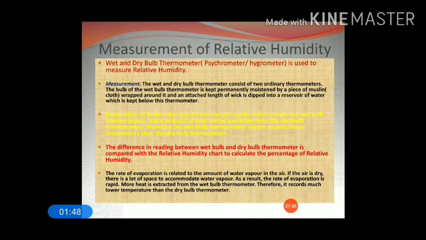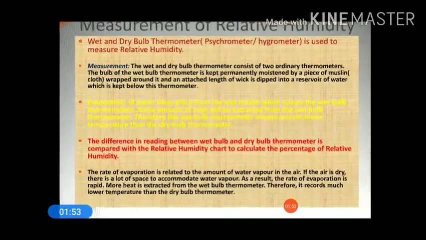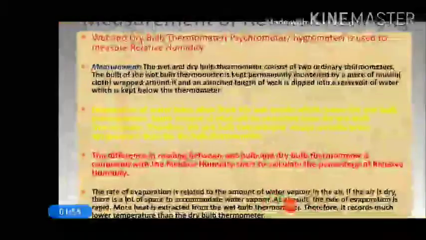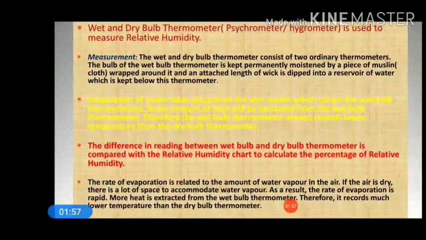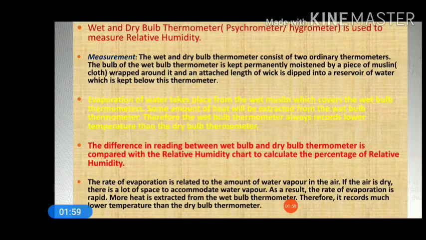Okay, coming to next. So now evaporation of water takes place from the wet muslin which covers the wet bulb thermometer. So some amount of heat will be extracted from the wet bulb thermometer. When evaporation takes place, some amount of heat is extracted in the form of latent heat.